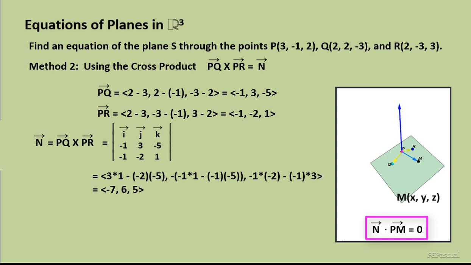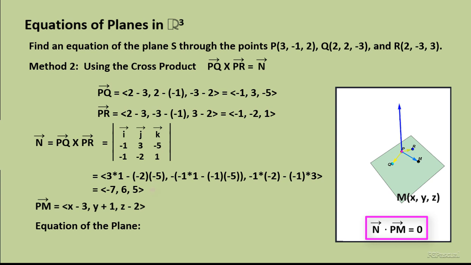The only thing we need is the vector PM. We get the components of PM by taking the coordinates of M and subtracting the corresponding coordinates of P. And so the vector PM has components x minus 3, y minus -1 or y plus 1, and z minus 2.